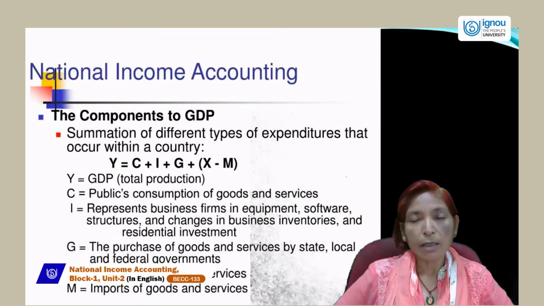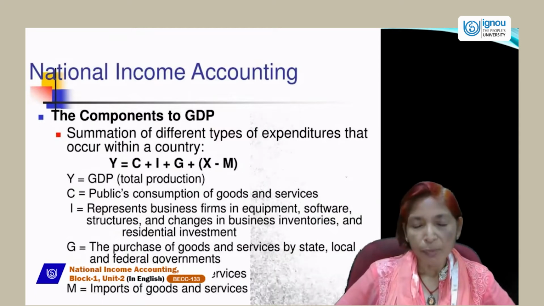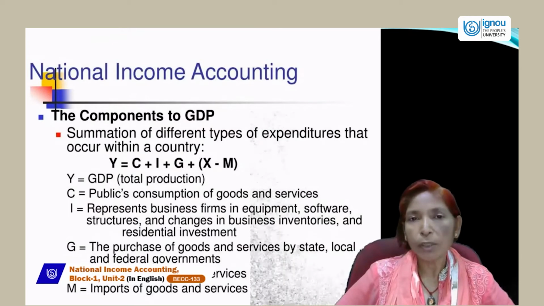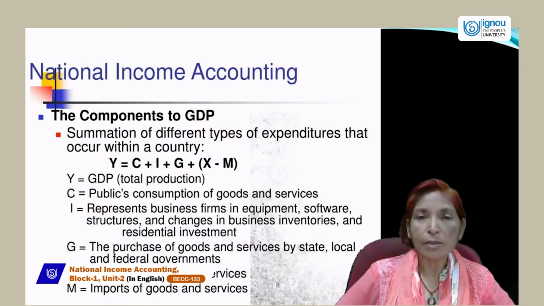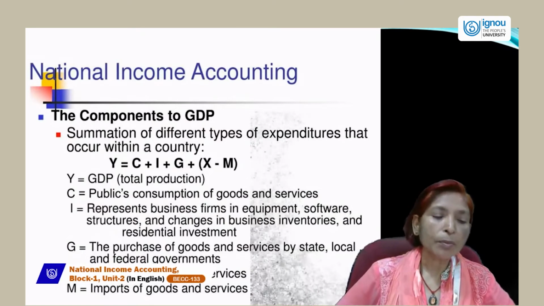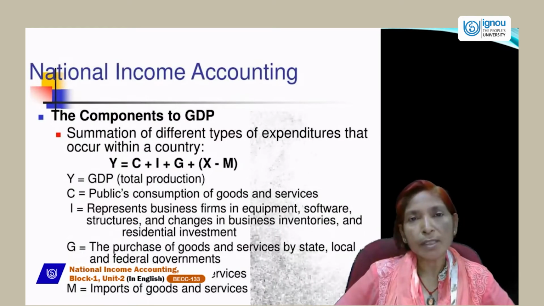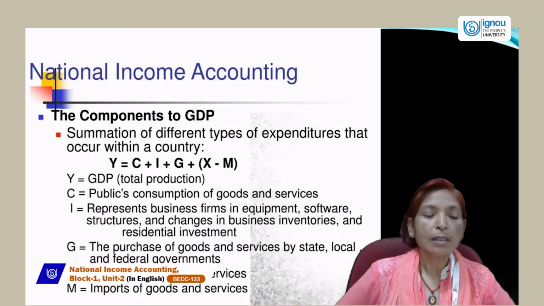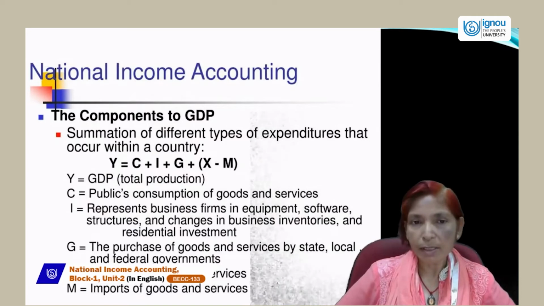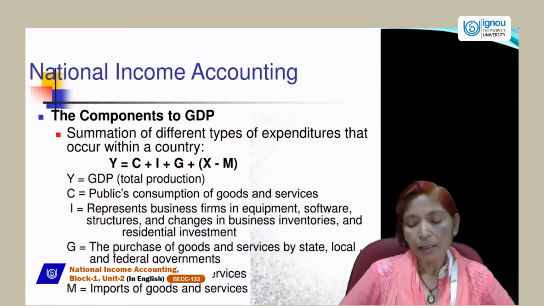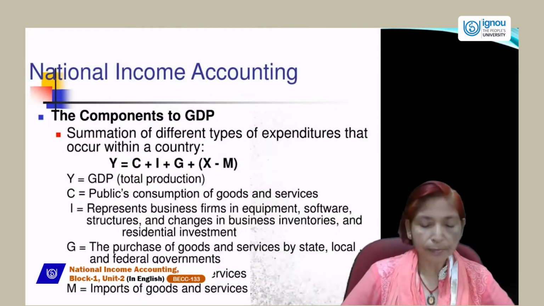Because in India there is a federal government system, and in the federal system three types of government are included: state government, central government, and local government. X represents exports and M represents imports of goods and services, and the difference between exports and imports is known as net exports.